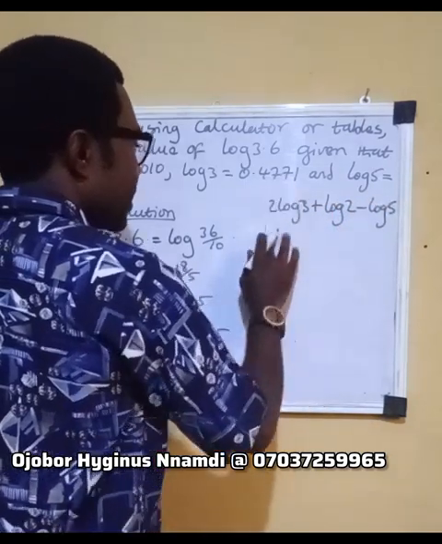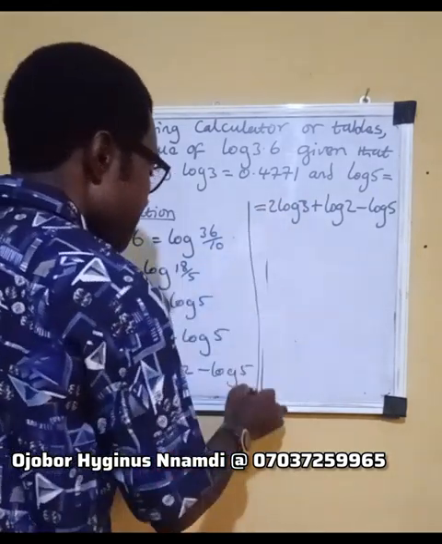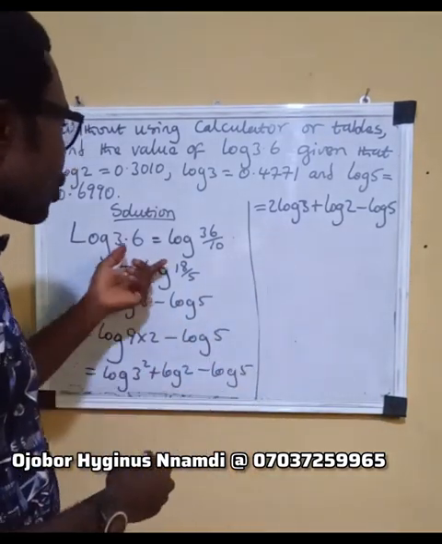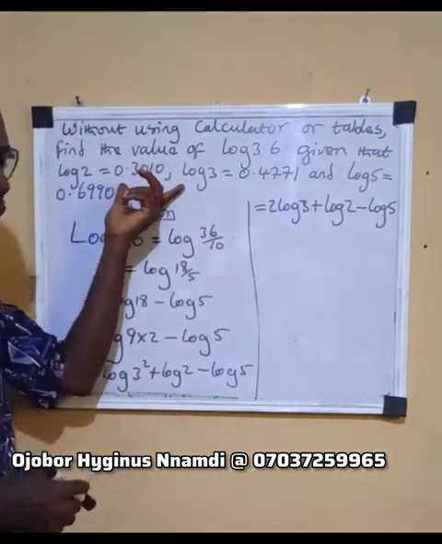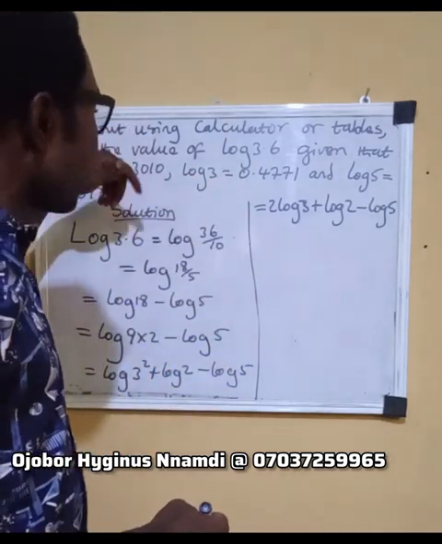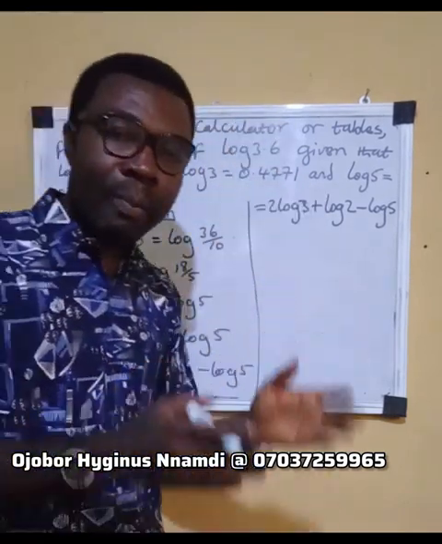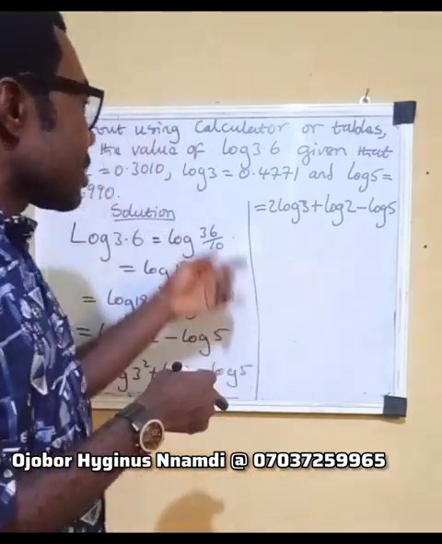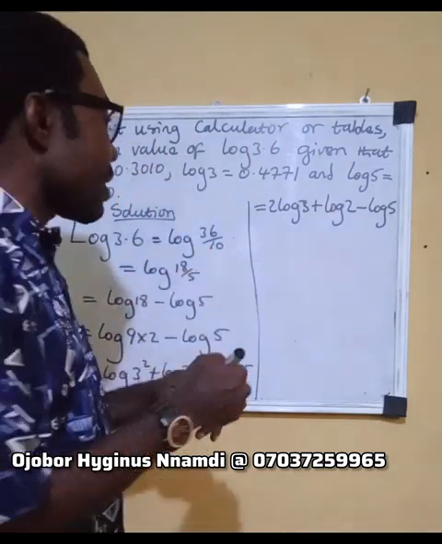And we have succeeded in making this 3.6 contain 2, 3, and 5, which are given in this question. Whenever you are given the logarithm of certain numbers and asked to find another number, try to convert that number to contain the given numbers. We were asked 3.6, but we have 2, 3, and 5, and you can see now we have split that.